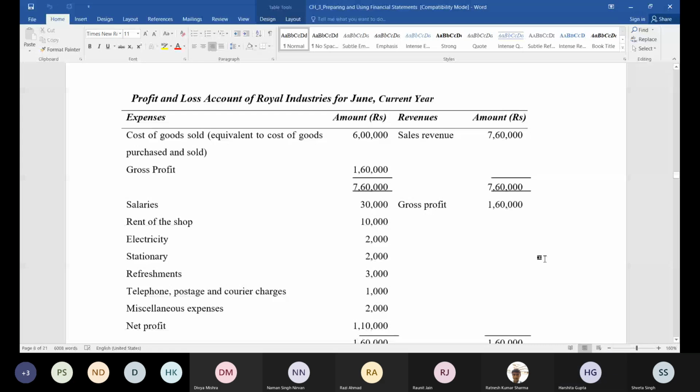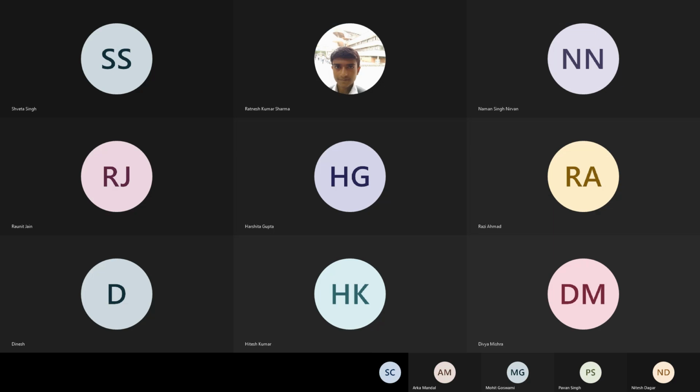It is just the profit and loss account. We can't see scrolling. If you can't see, you should tell us. But why is that happening? Just let me share the screen.